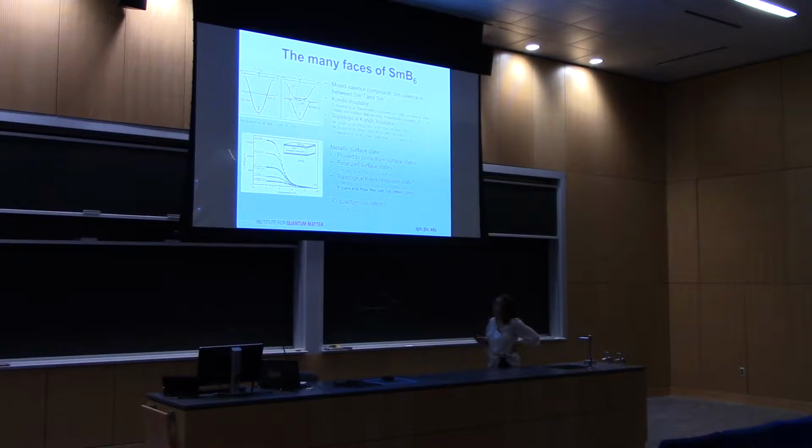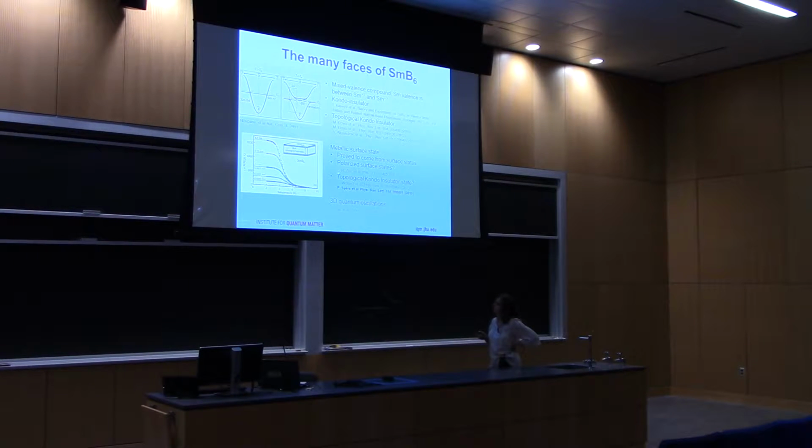Now people did various experiments which confirm that this metallic plateau comes from the surface state, and this in particular is a figure from Jeffrey Long's work. They polish the crystal down and look at resistivity and see that this plateau just stays when the crystal is small, and basically the insulating part decreases.